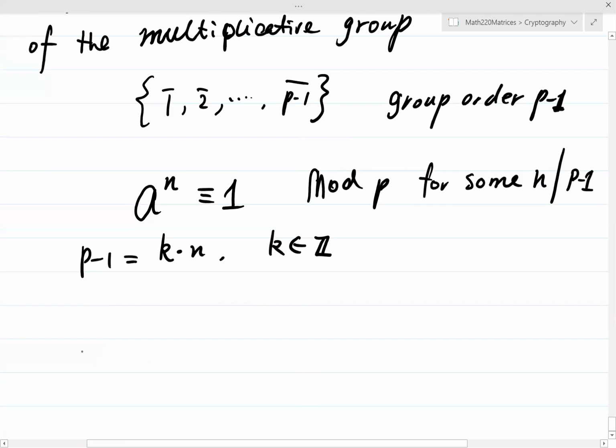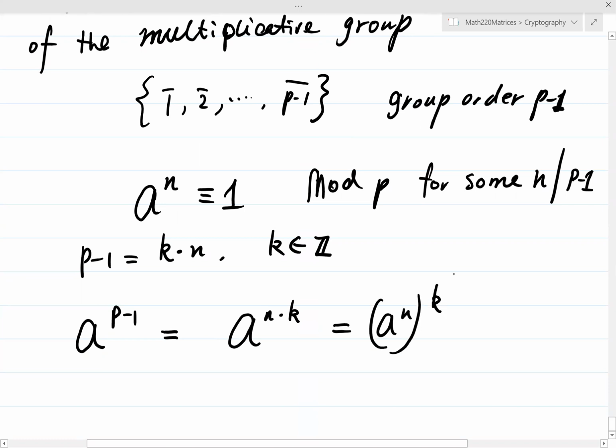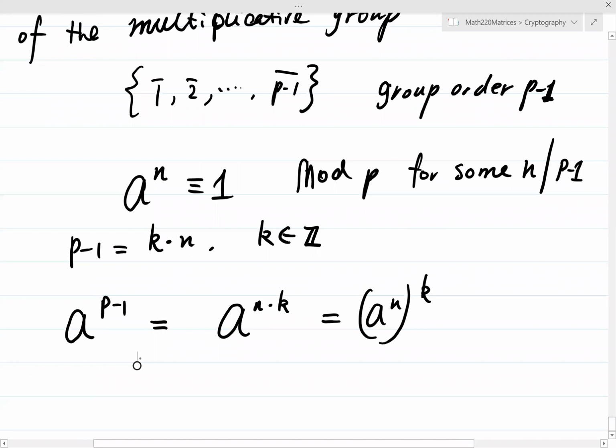So a to the power p minus 1 will be a to the power n times k, which is a to the power n, to the power k, modulo prime p. Now a to the power n is congruent to 1 mod p.